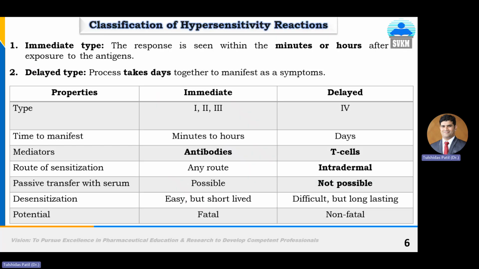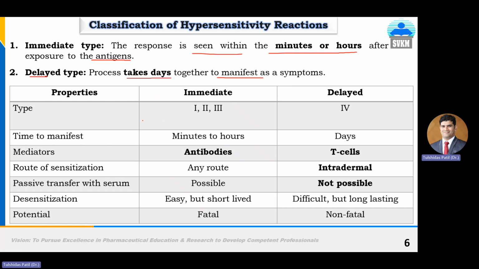As the name indicates, immediate type hypersensitivity reactions are those which are seen within a few minutes or hours after exposure to the particular antigen, whereas delayed type hypersensitivity reactions take days to manifest their symptoms.